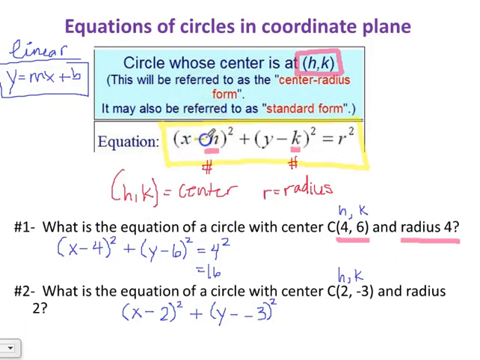We've got x minus h, y minus k. So if you have a negative coordinate as your center, you're going to have a double negative. And then we'll set that equal to 2 squared. So if we clean this equation up, to fix that double negative, we know when we have a double negative, it turns to a positive, so it would really be (y plus 3) squared equals 4, because I'm going to go ahead and square that radius of 2.